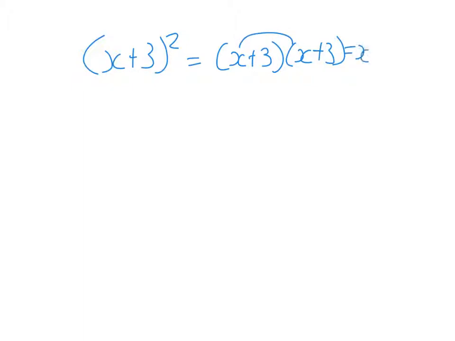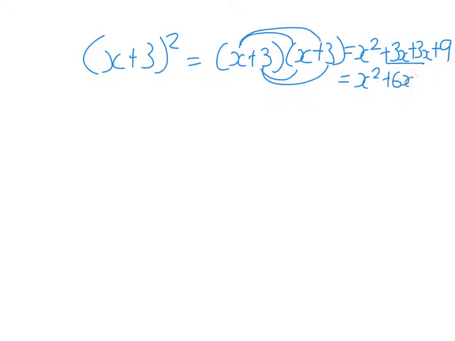Firsts, then the O is outsides, x times 3. Insides is also x times 3. And then lasts, 3 times 3 is 9. Again, these are the only like terms. I get x squared plus 6x plus 9.